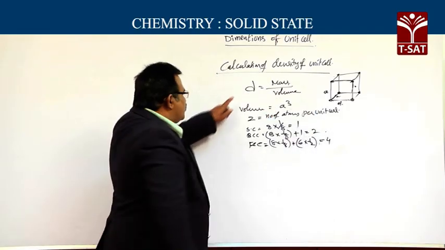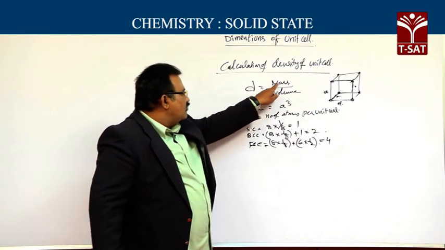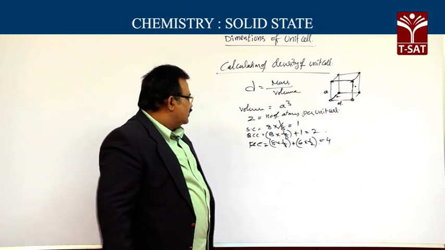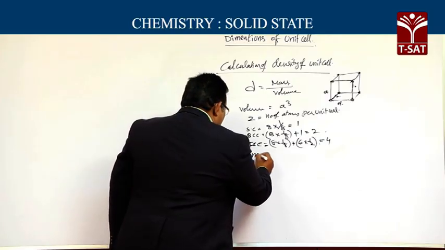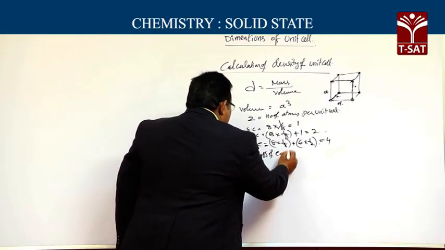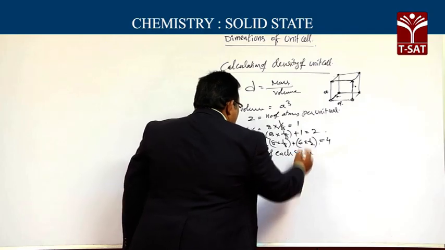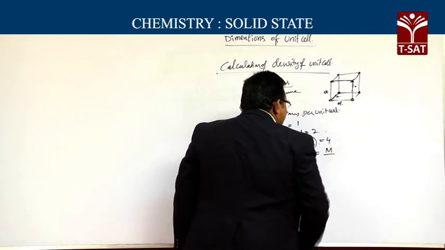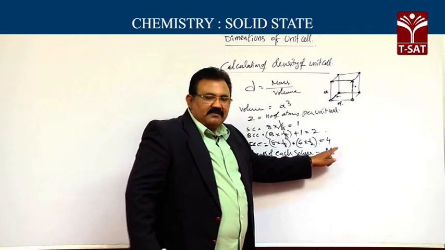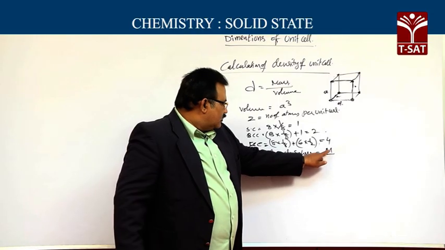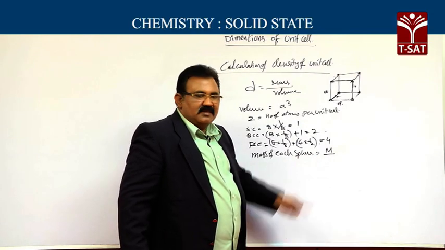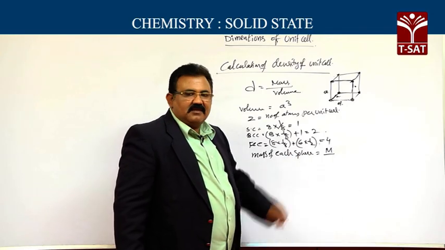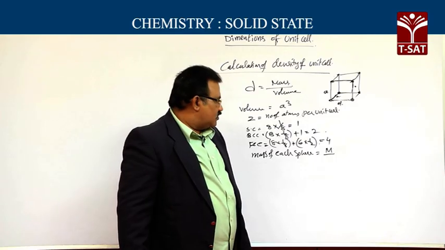To calculate the density of that unit cell, we have to know the mass of each sphere. Mass of each sphere is given by its atomic weight. Atomic weight of any element depends upon its constituent protons and neutrons.